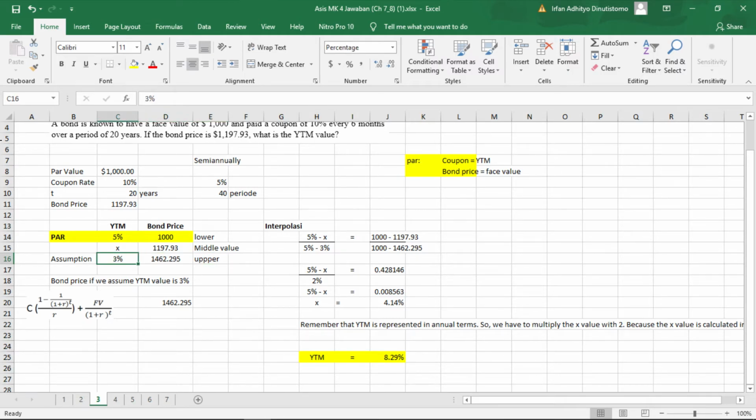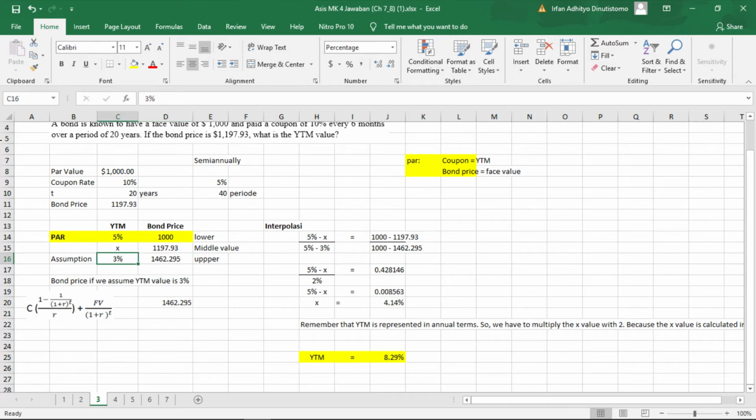So it's based on the bond price. This is a relationship, you know, the inverse relationship between the yield to maturity and bond price, right? So lower yield to maturity results in higher bond price. So you assume that, alright, the second one is 3%. This is an assumption.